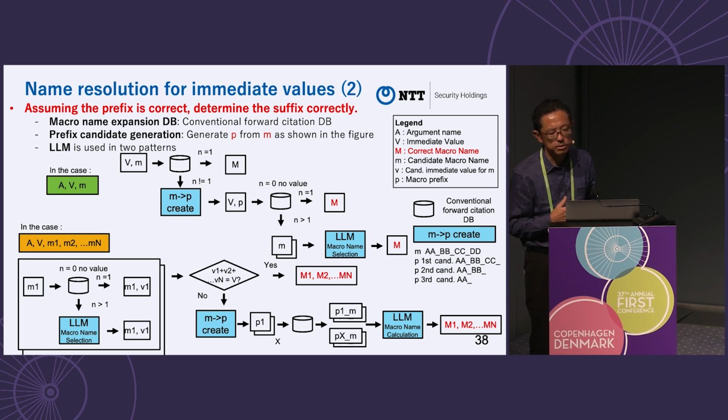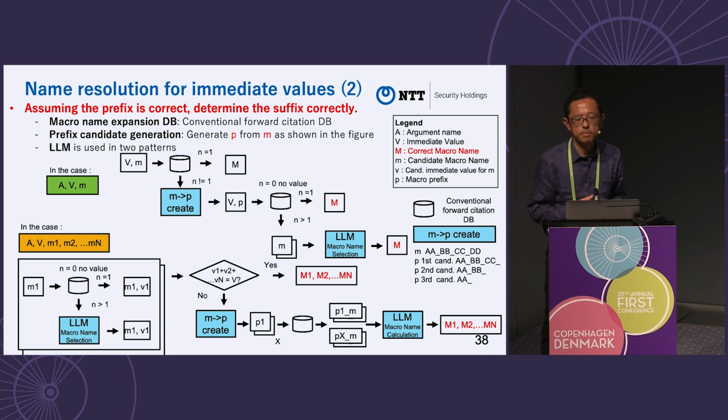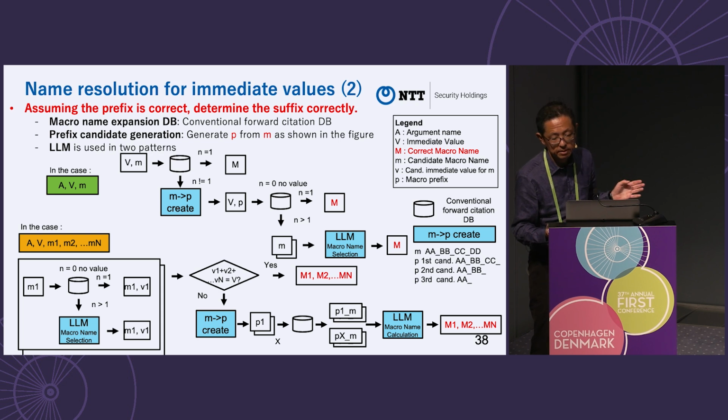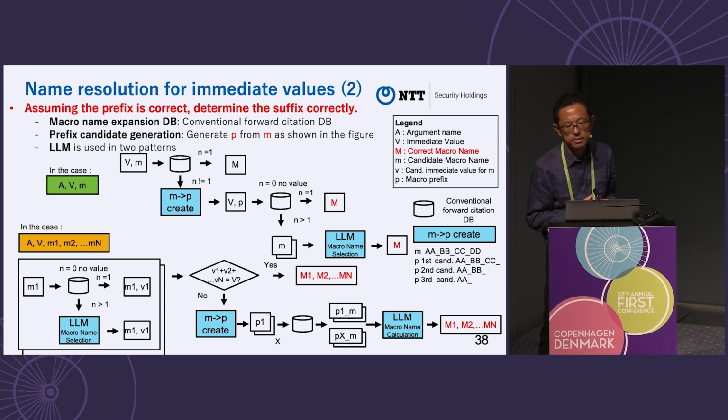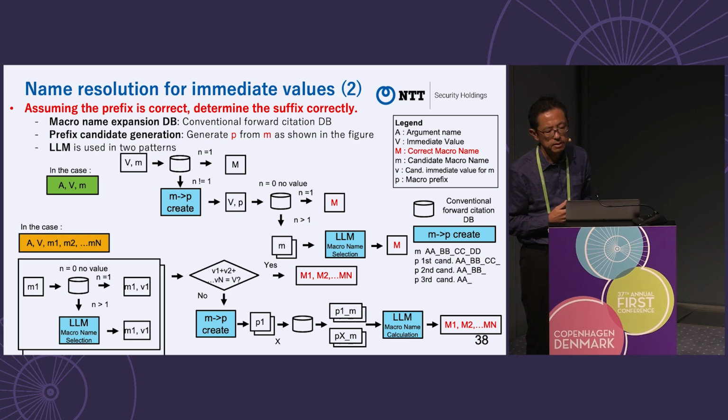Assuming the prefix is correct, we determine the suffix correctly with 3 functions. Number 1, macro name expansion database. It is a conventional forward-lookup database from macro name to immediate value. Number 2, prefix candidate generation. Generate the macro prefix from the candidate macro names, as shown in the figure.